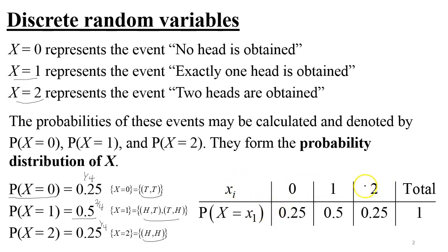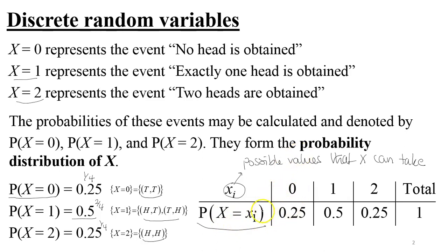The first row is the possible values that the random variable x can take, x as capital X, the random variable. And then this is the probability of x equals to xi, the probability of occurrence of x equals to xi.